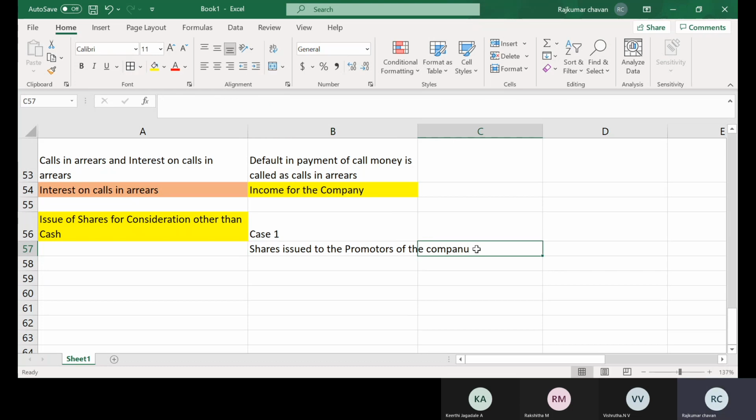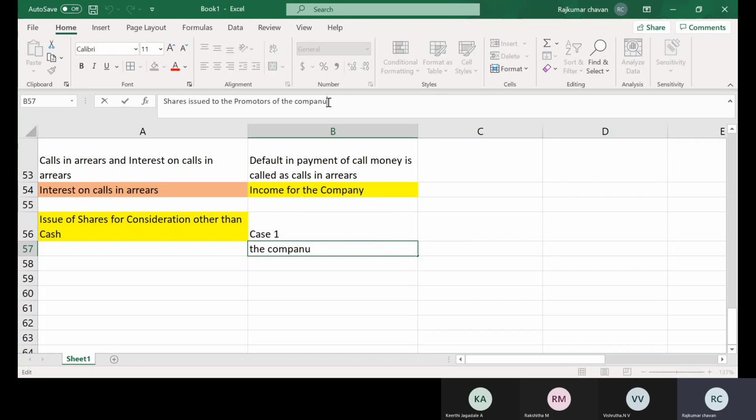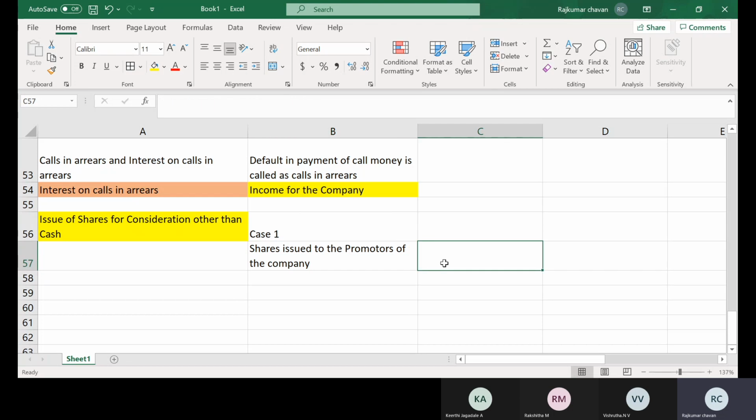The company will not ask for money from them. Why are these shares given? Because of the promoters' hard work and because the promoters provided a service to the company, and because of this the company's goodwill will grow, so the company may not ask for any money from the promoters but will give the shares to them.